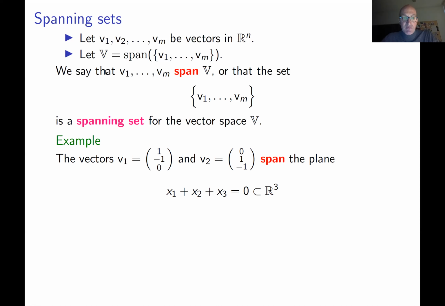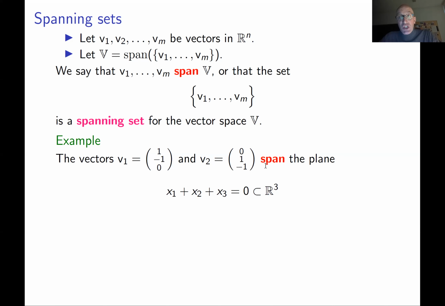Here's an example. We fix a plane in R3. It's a hyperplane in R3, but hyperplanes in three-dimensional space we usually just call planes. And we are given 2 vectors. First, we observe that these 2 vectors are contained in this plane.